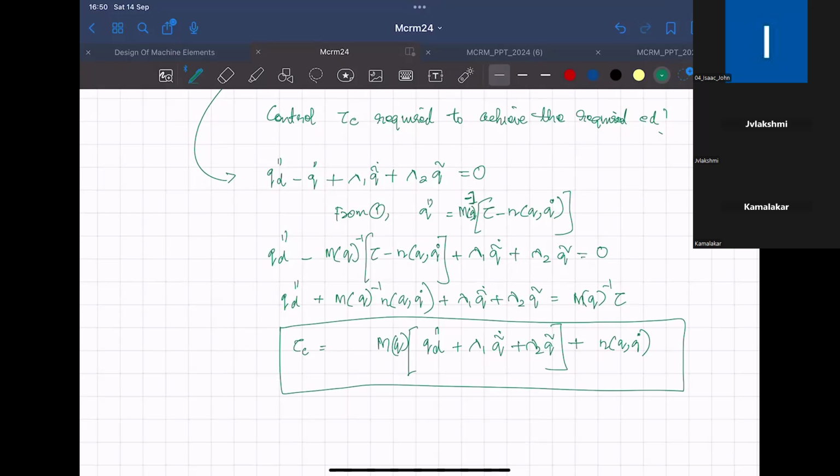Sir, assignment 7, question 13. The word asymptotically, I have a doubt, sir. Can you show the question? Assignment 7, question 14.